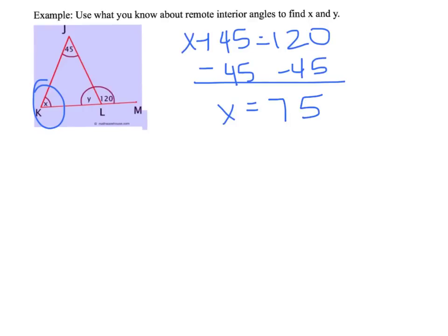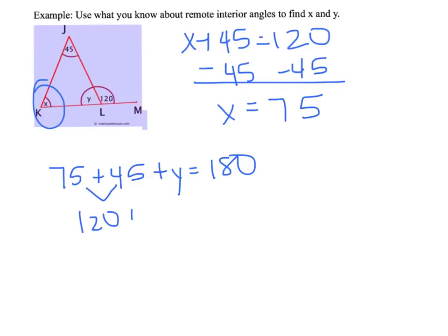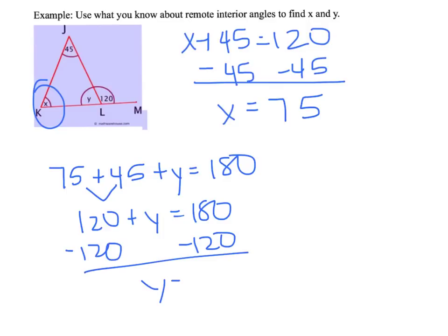Now we can use what we know about triangles, that we know all of them have to equal 180 degrees. So we have 75 plus 45 plus y equals 180. This is going to equal 120 plus y equals 180 minus 120. Y equals 60.